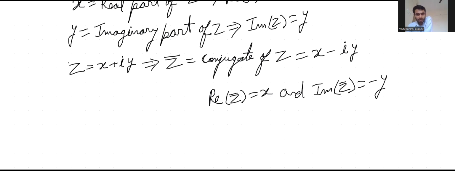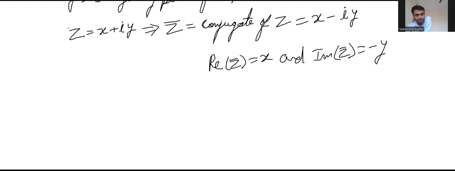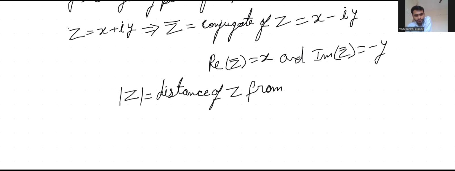Then there is a term called the modulus of z. Modulus of z is the distance of z from the origin 0, 0.